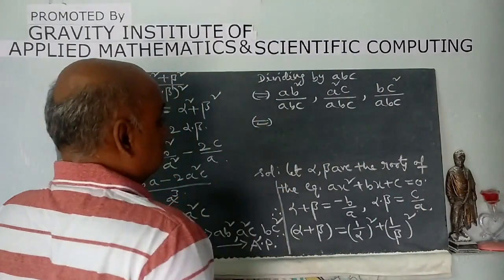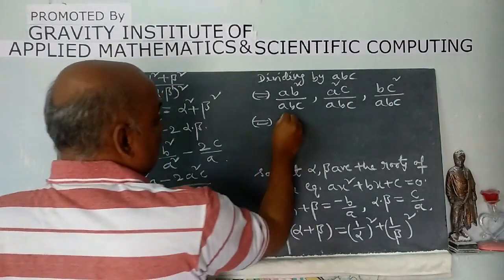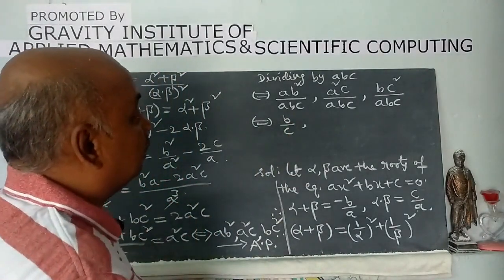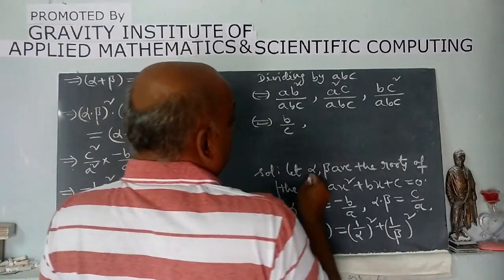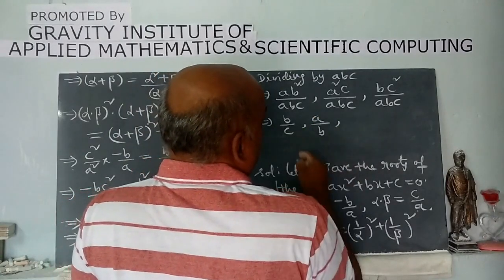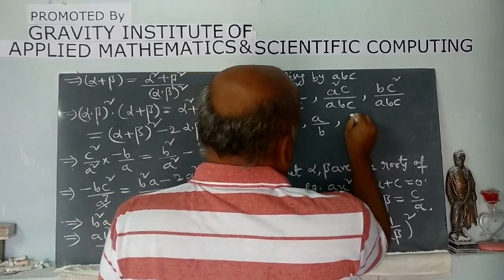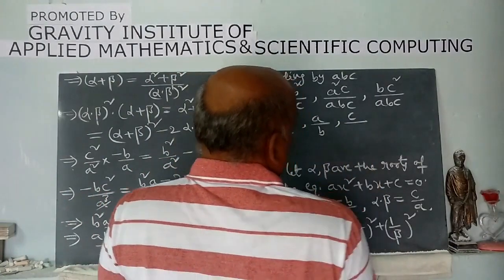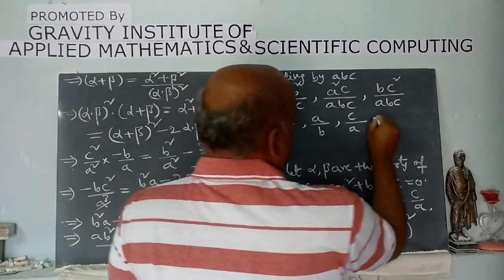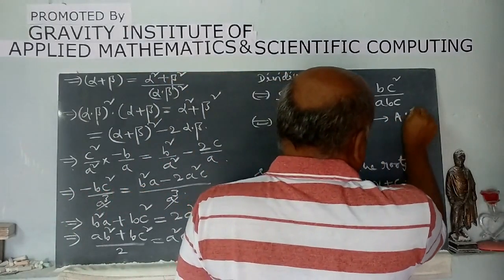This implies b by c, a by b, and c by a are in AP.